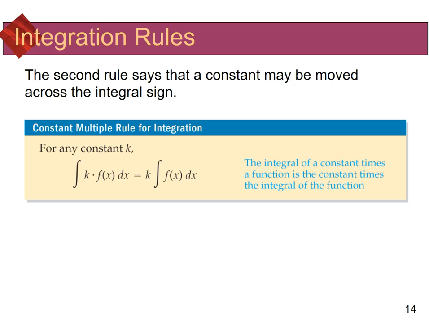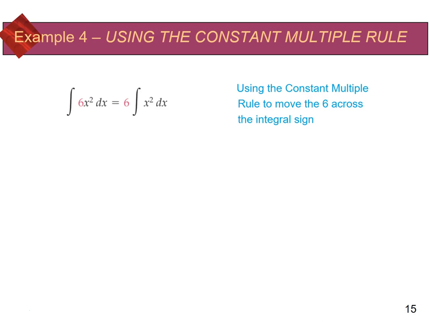So for instance, if I was doing the integral of 6x squared dx, I could just factor that constant multiple out and just do the 6 times the integral of x squared. I can then do the integral of that, and the integral of x squared is 1/3 x cubed, plus some arbitrary constant c.